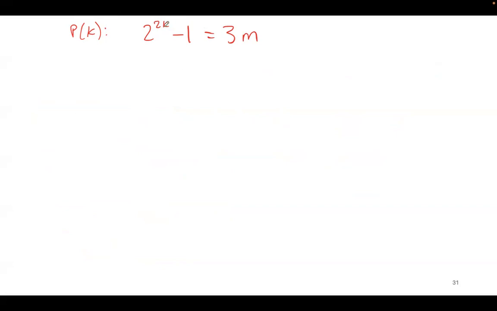If instead of k we substitute k plus 1, P at k plus 1 is 2 to the 2 times k plus 1 minus 1. That's what we're starting with. We're working on the left-hand side of the equal sign. We don't know what the right-hand side is yet. We haven't proven that it's anything yet.